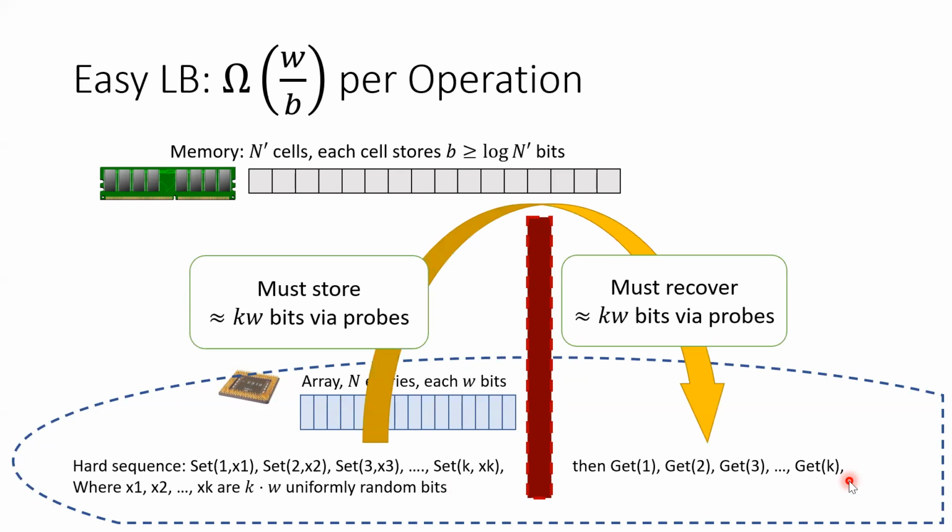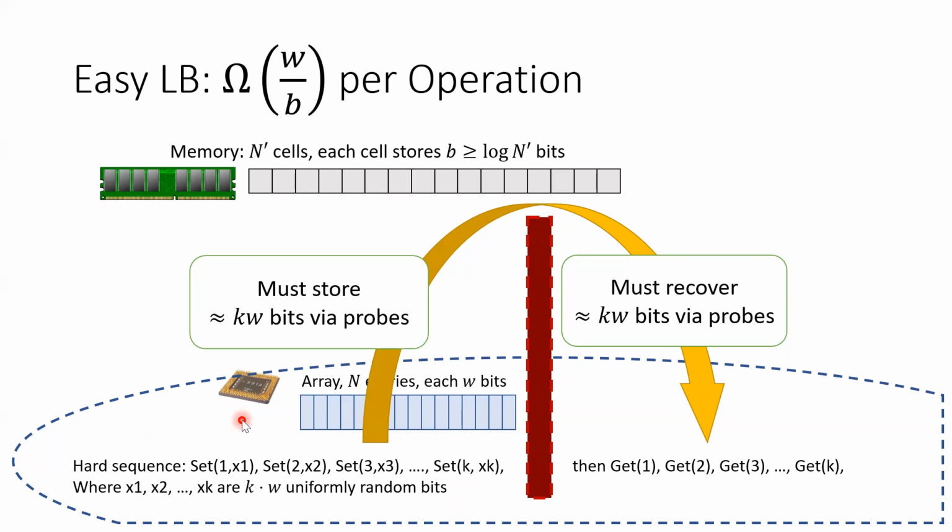Because the random string is very long, no matter what the data structure does, the algorithm must store this long random string somehow, maybe using some crazy encoding in the physical memory, just because the processor side doesn't have enough space to store this random string.